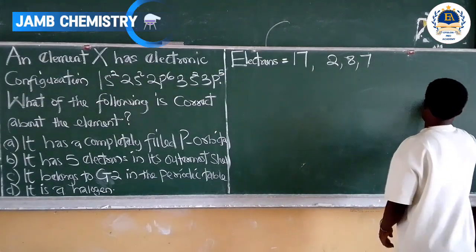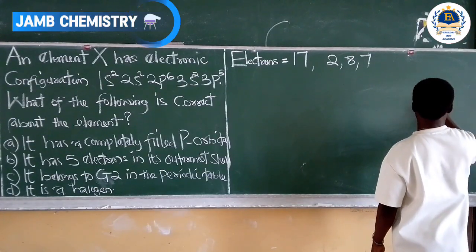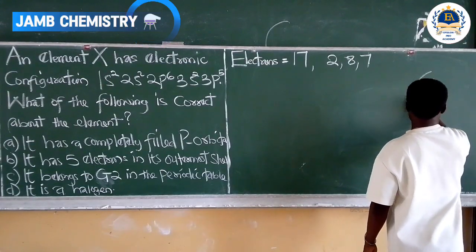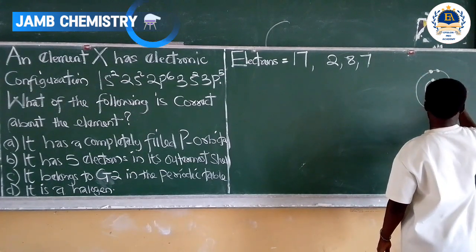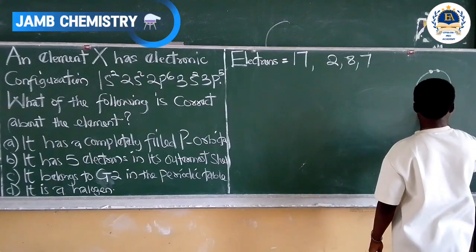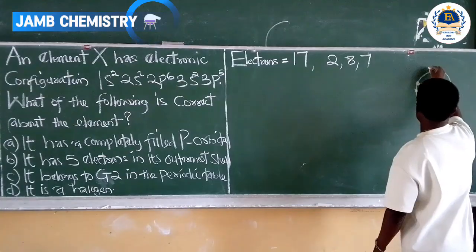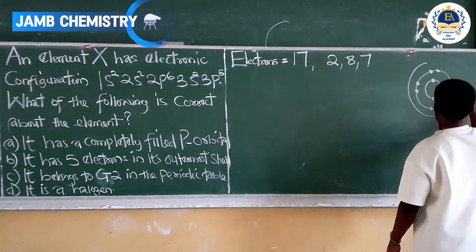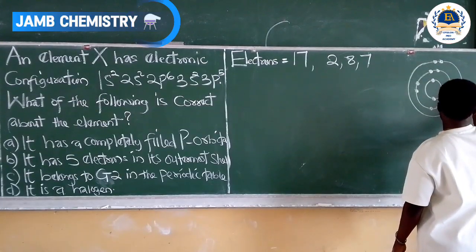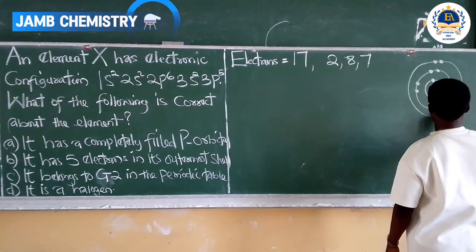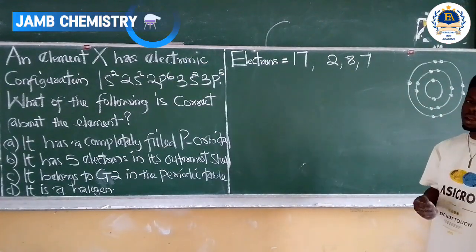Or we can draw the electronic shells. The first shell, which is the K shell, has a maximum of 2 electrons. The next shell can hold a maximum of 8 electrons. So we have 10, remainder 7. That is a total of 17 electrons.